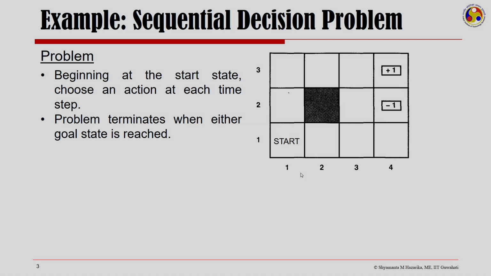Here is a 4x3 grid, and an agent needs to start at 1,1, and it must reach, ideally, the state marked with +1. The problem terminates when either of the goal states, +1 or -1, is reached.